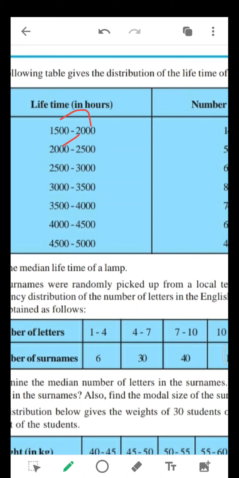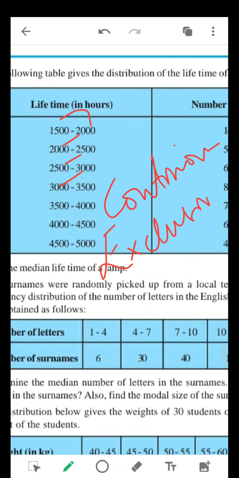Then 2000 was repeating, 2000 to 2500, 2500 to 3000, 3000 to 3500. So these were continuous classes, or we can say exclusive classes. Okay, so these are continuous.